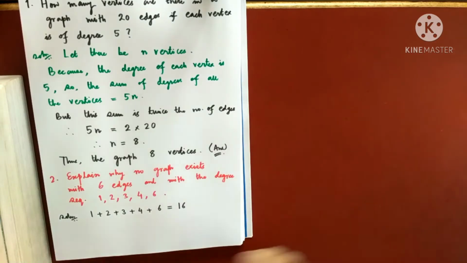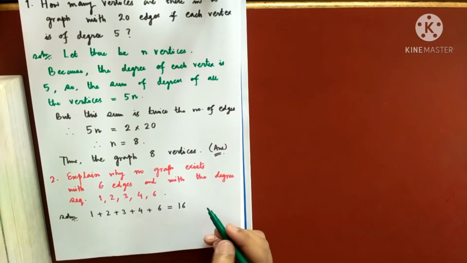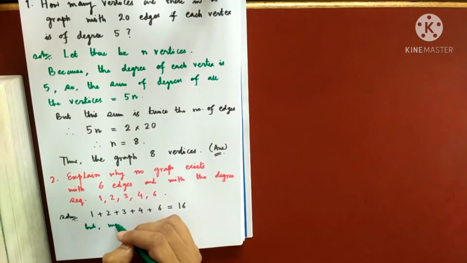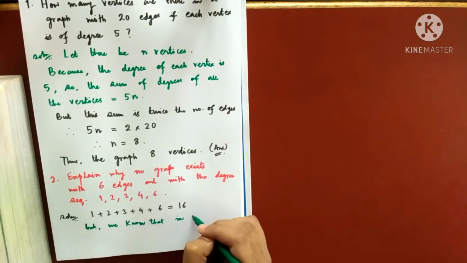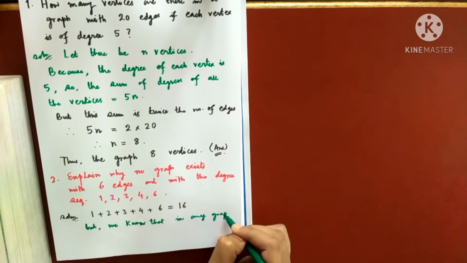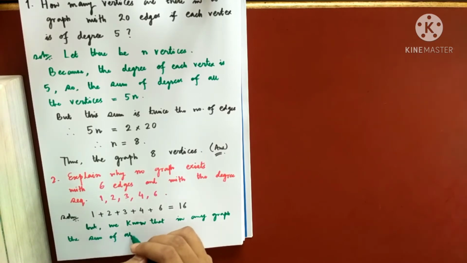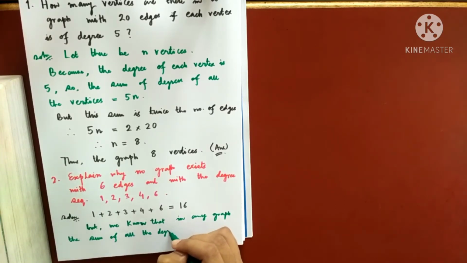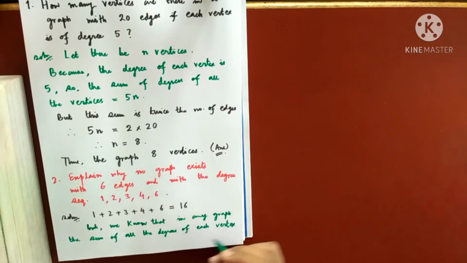Because the sum of the degree sequence is 16, but we know that in any graph, the sum of all the degrees of each vertex should be equal to 2 times the number of edges.